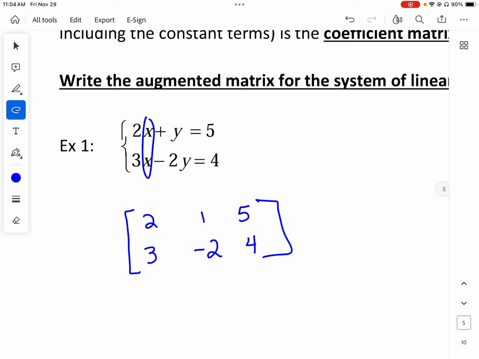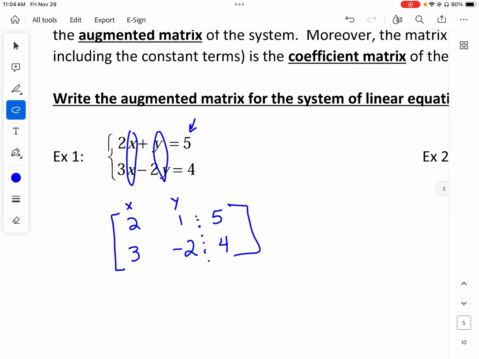Make sure your x's are in a column, your y's are in a column, and then this is your constant. See how it says equals. We can draw this little line like that, or we can leave it off. These represent the x coefficients, these represent your y coefficients, and this is a 2 row by 3 column matrix, so it's a 2 by 3.